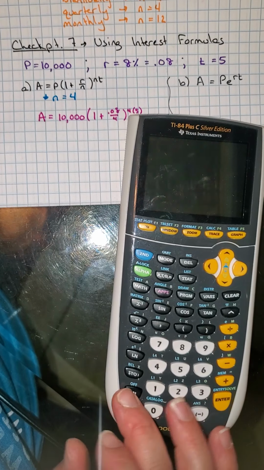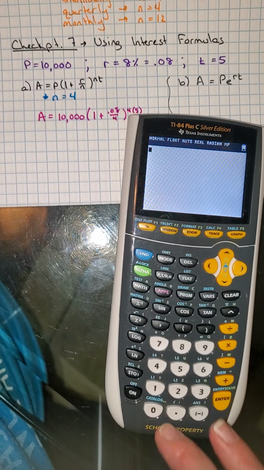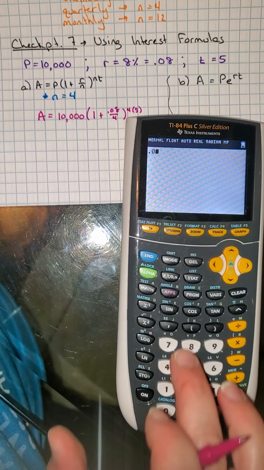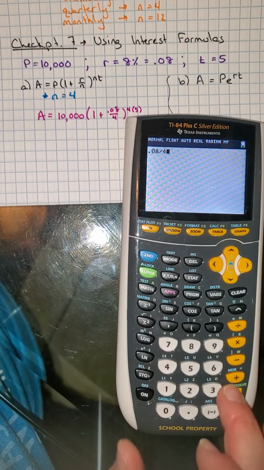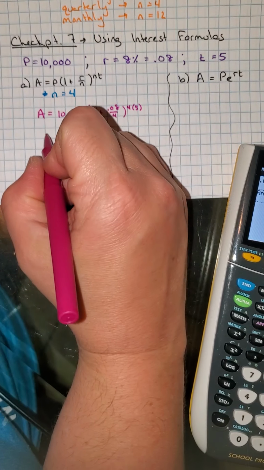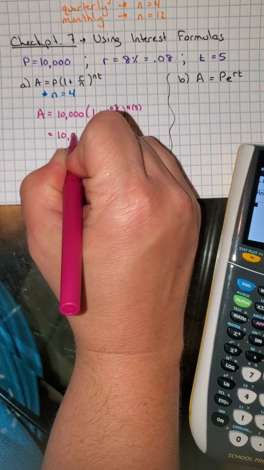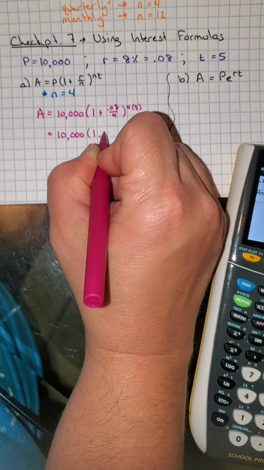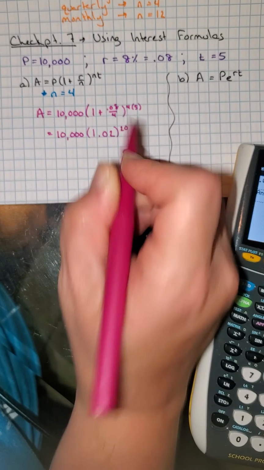Okay. So if I do 0.08 divided by 4 first, then I add 1 to it. That becomes 1.02. So we have 10,000 times 1.02 to the 20th.